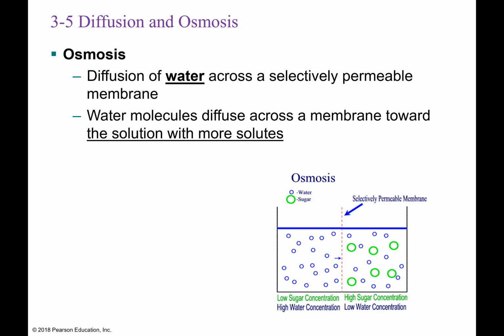So, where's my pen? We look down here. We have our selectively permeable membrane. The water molecules are the little blue molecules, and then the green would be sugar.